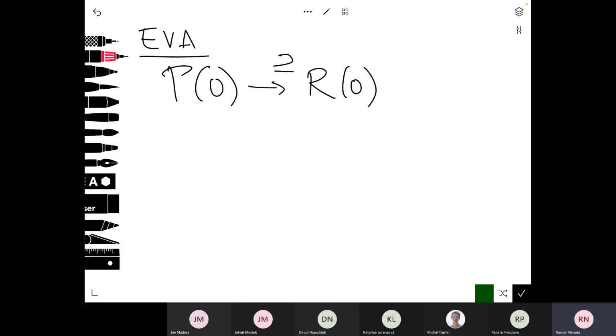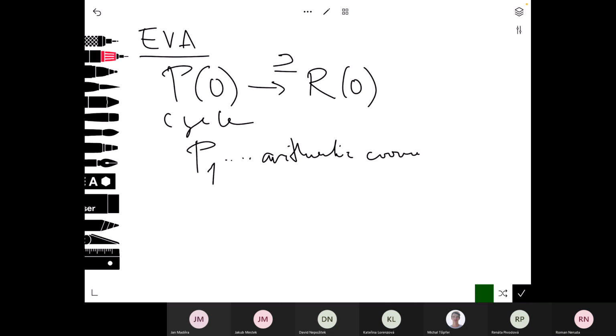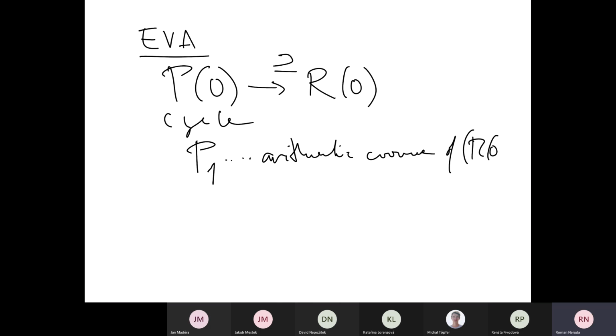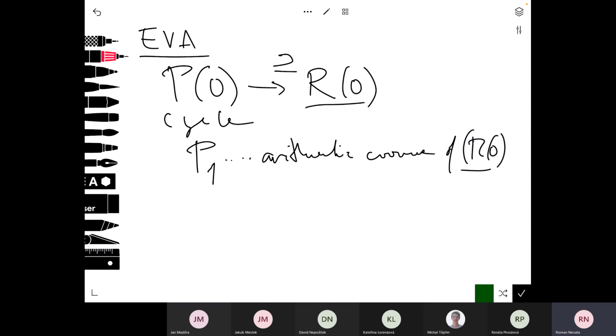And now we have a cycle, right? So what we're doing is creating the P1 population by arithmetic crossover of the members of the reference set.